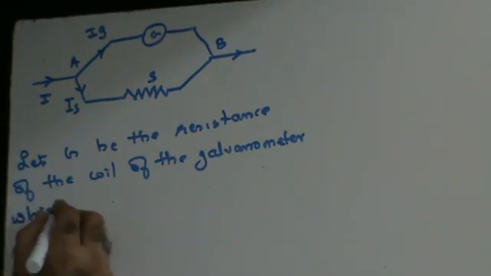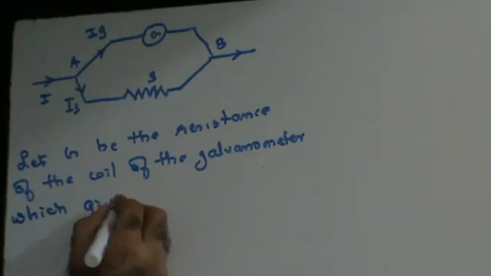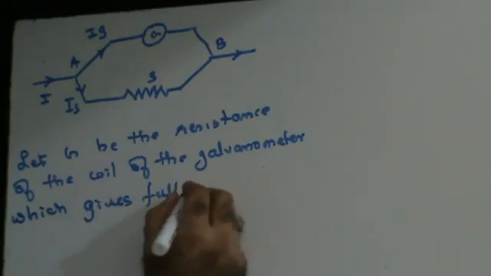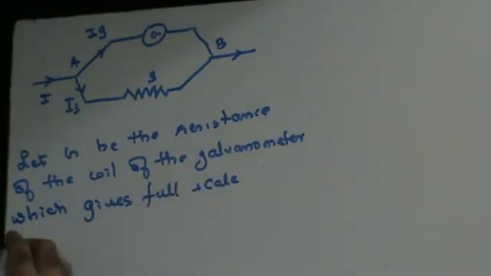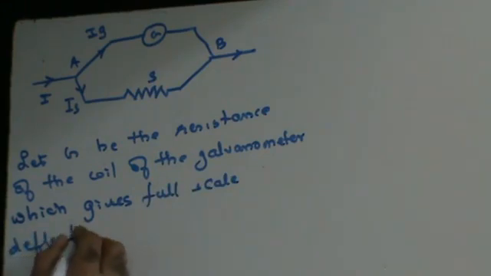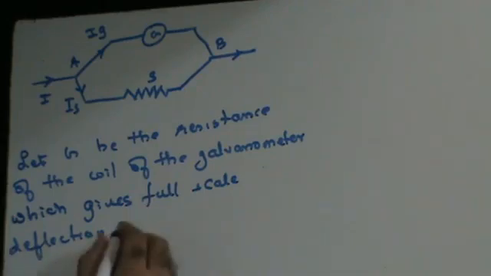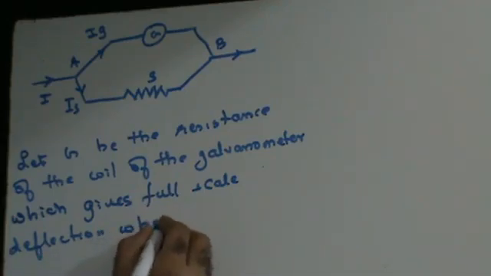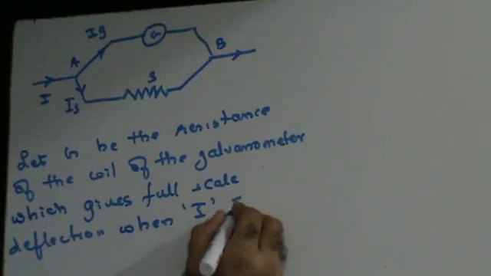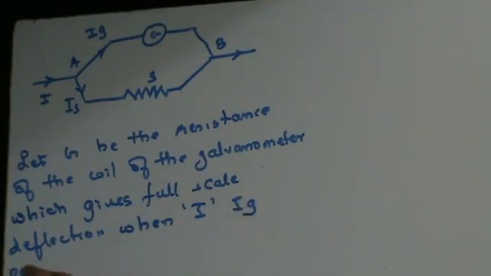That means you will have maximum deflection when current Ig passes through it.